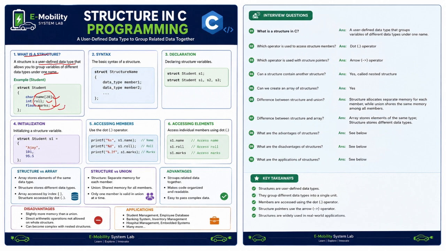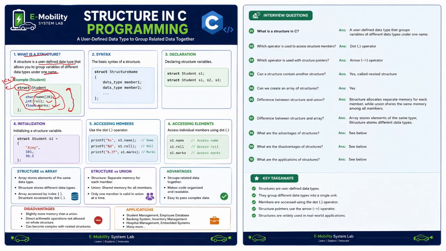We are grouping all these variables under one name, that is student, and before student we are using a keyword, struct. When we talk about the structure, don't forget to use this keyword, otherwise your structure is not complete. With this example, you can understand how to group variables of different data types.